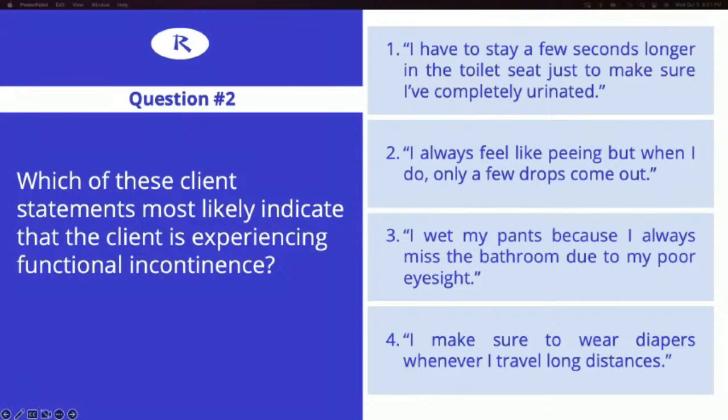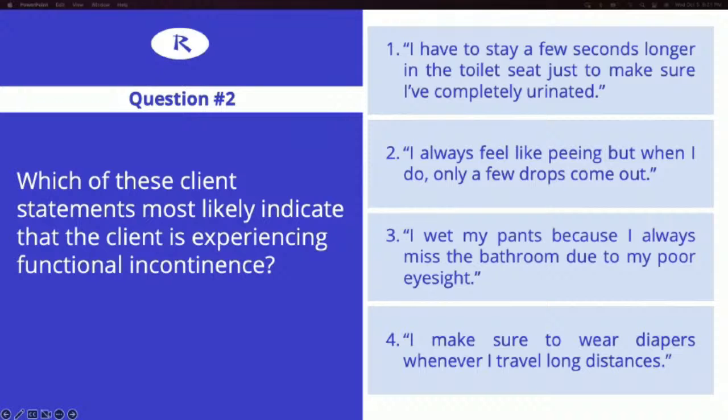I always feel like peeing, but when I do, only a few drops come out. 3. I wet my pants because I always miss the bathroom due to my poor eyesight. 4. I make sure to wear diapers whenever I travel long distances.